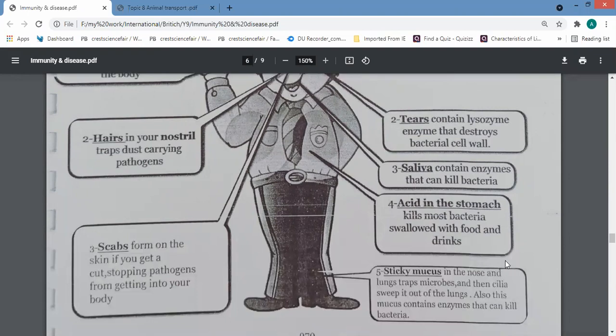The last one, the nasal cavity, the mucus. Mucus and hairs inside the nose trap the microbes and eject them outside the nose, and the mucus has enzymes to kill bacteria.